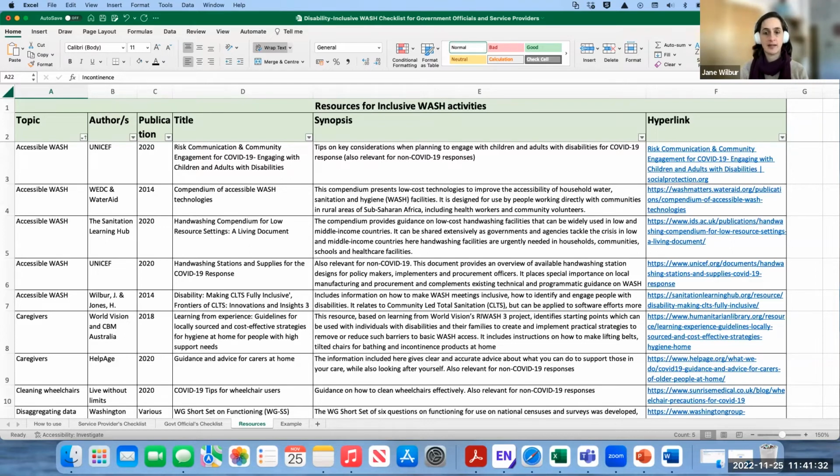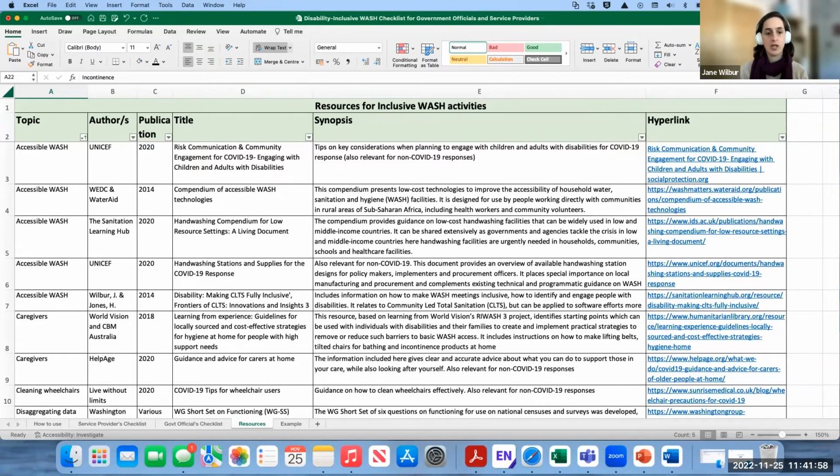These include accessible WASH, caregivers, tips on including wheelchairs, disaggregating data, and so on. Then you'll see that the publication details and the title are set next to the topic. The synopsis column explains what the publication includes, and then you can see a link to the publication on the right.